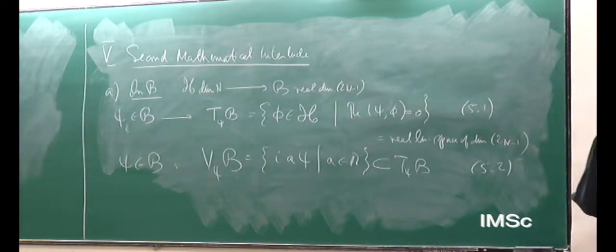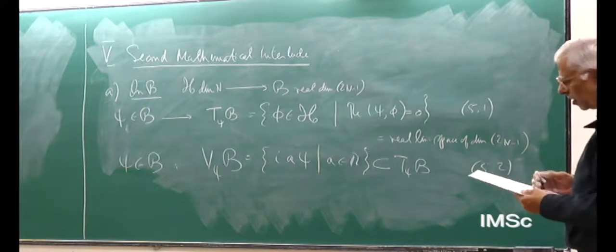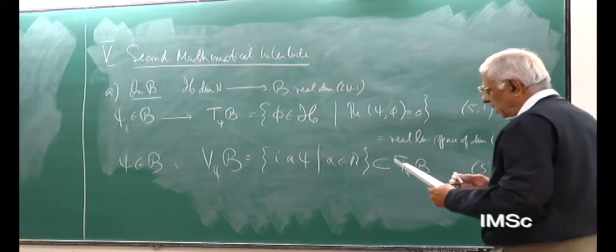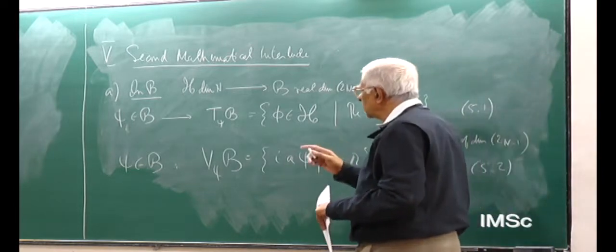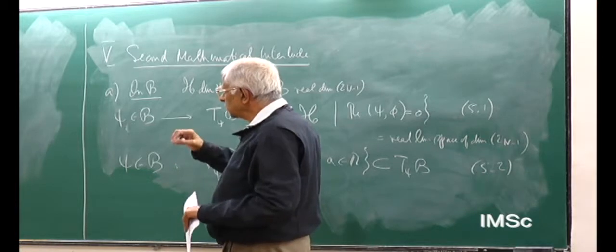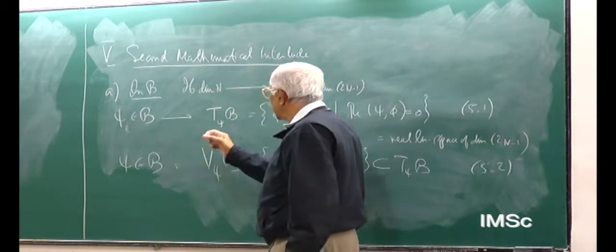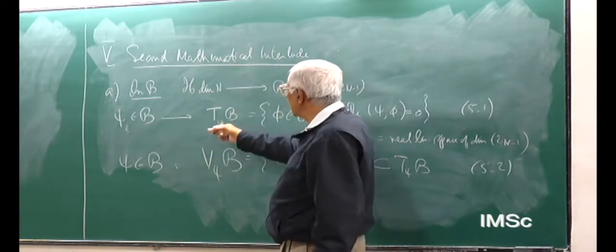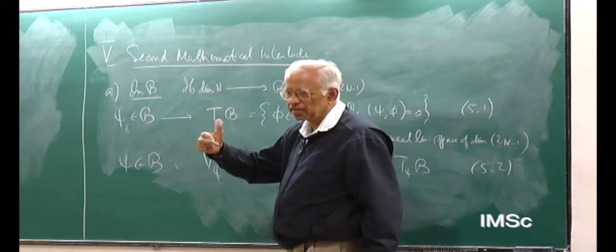Now, you remember this one form, capital A, which I have written here in a somewhat symbolic way. This was defined earlier. Now, what is the general meaning of a one form on any manifold? Any one form on a manifold consists of a linear functional on every tangent space.